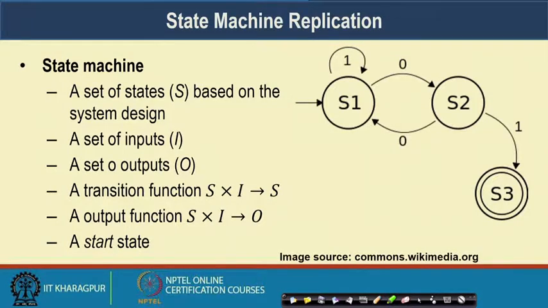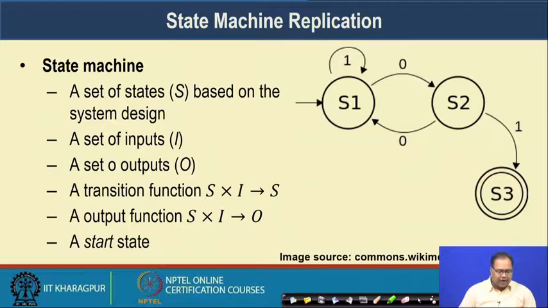So, let us look into what is meant by a state machine replication. A state machine can be characterized by a set of parameters. The first is a set of states based on the system design. Here in this particular example you have 3 states S1, S2 and S3.